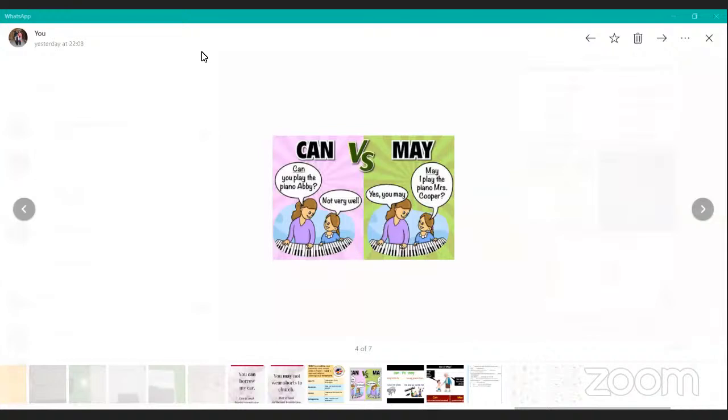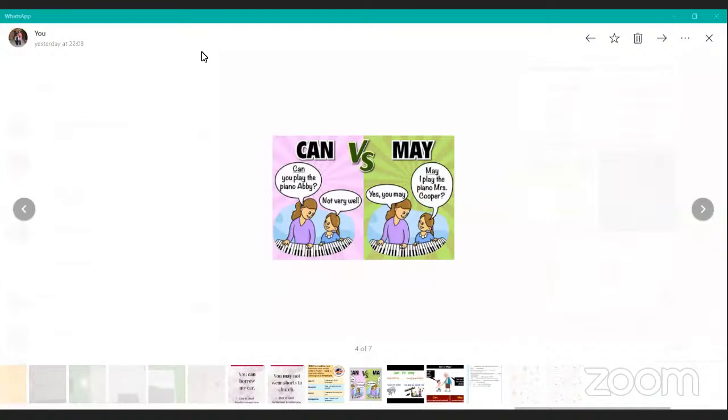For example, if you are in the class and you need to go to the washroom, you can get permission from your teacher. Can I go to the washroom? Can I go to the canteen?